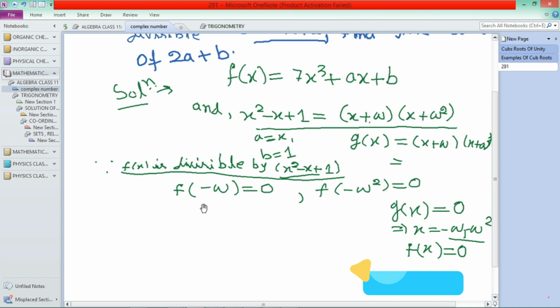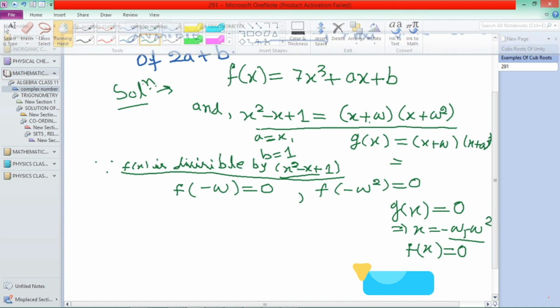So f of minus omega should be 0 and f of minus omega square should be 0.